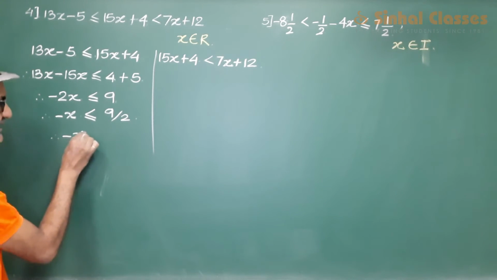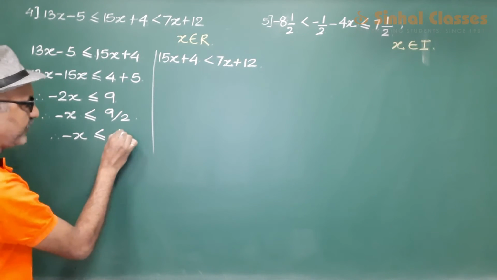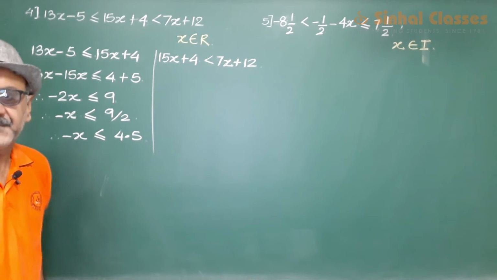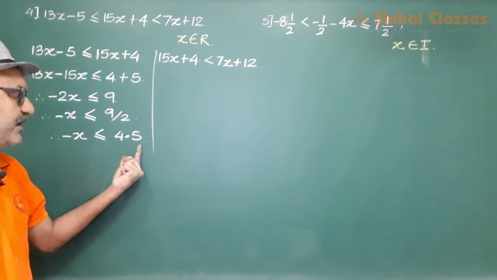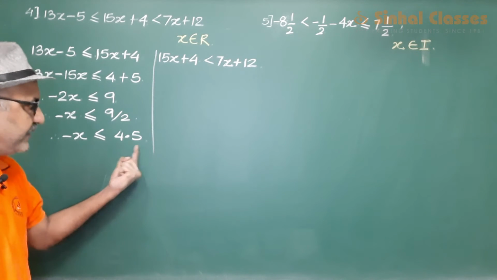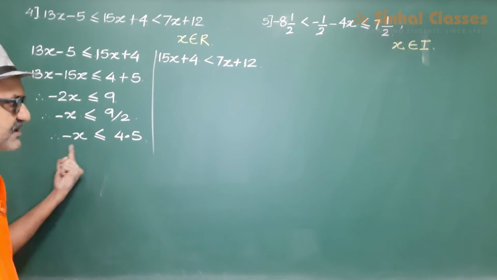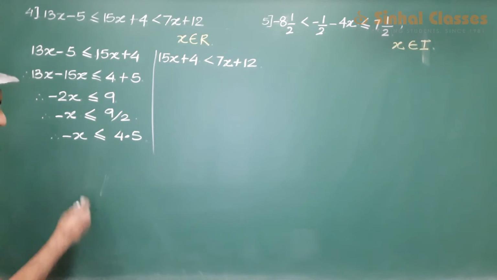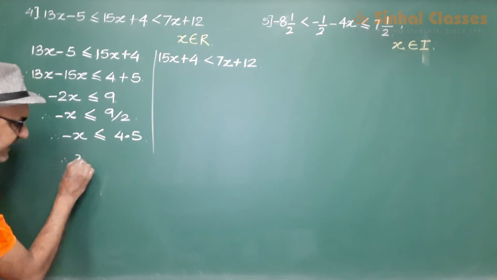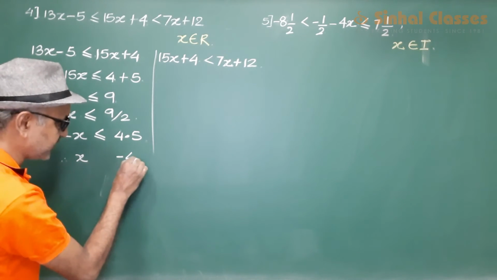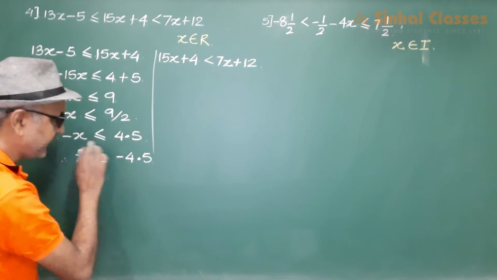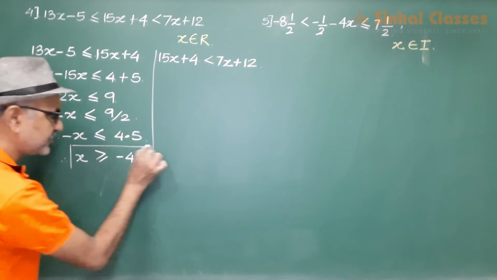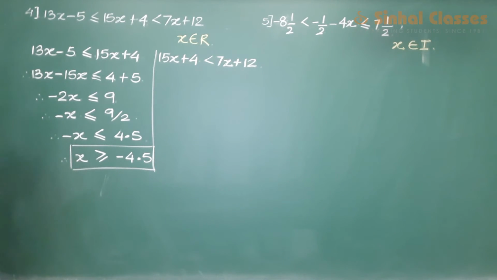So what do you get? Minus x is less than or equals to 4.5. Now since this is minus x less than or equals to 4.5, now divide both sides by minus 1. When you divide both sides by a negative number, this becomes x, this becomes minus 4.5, and here the order relation changes. So this is the first result that we have got.